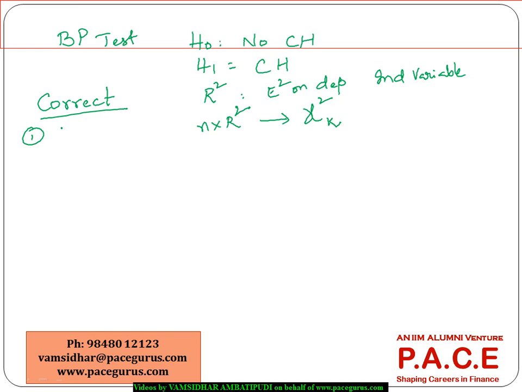We call one White's correction, wherein the standard errors get corrected. We have various mechanisms to modify the standard errors. Once the standard errors are modified, we can update the t values, and based on those t values we can again check the significance of each of the independent coefficients.